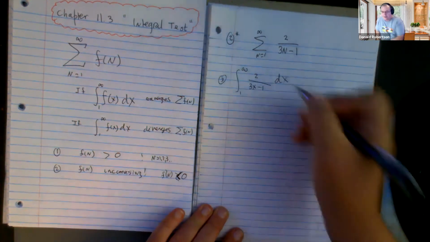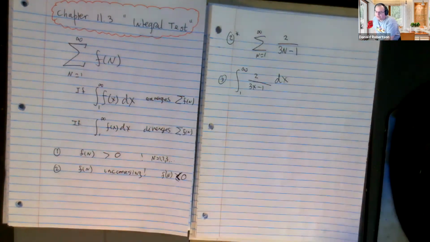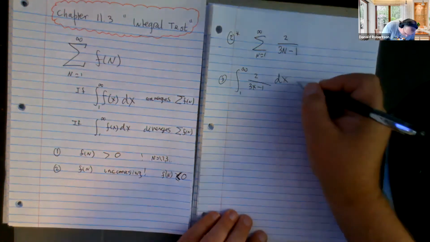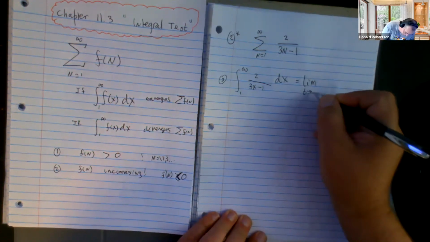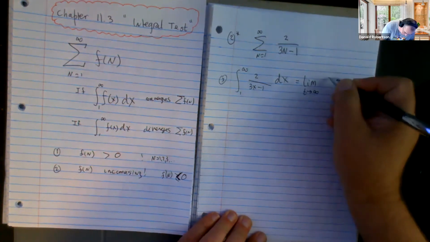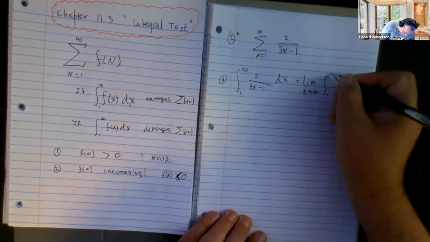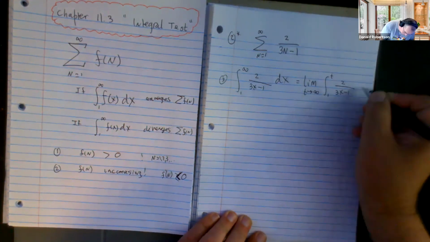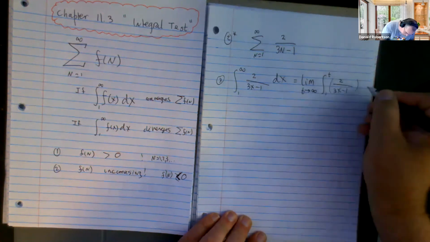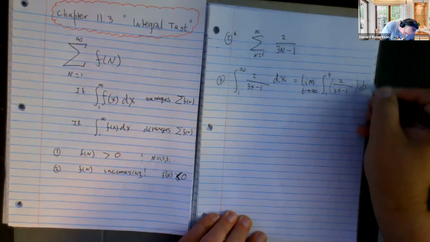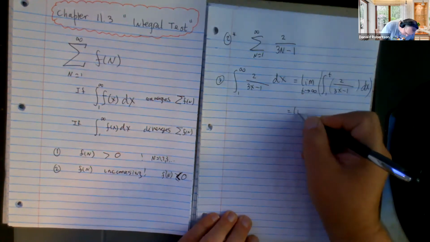Can you trust me that that particular guy does decrease and he is positive? Right, so 1 and 2 are done. So this is going to be the limit as t tends to infinity of 1 over t, 2 lots of 3x minus 1. So we are going to be testing how good you are at remembering Calc 2.